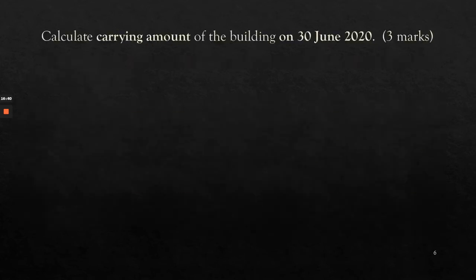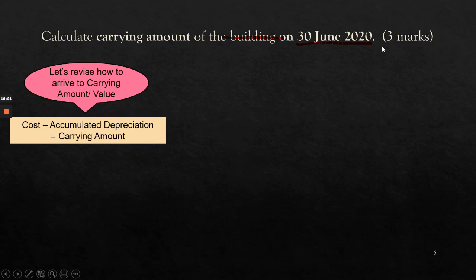Next, you are asked to calculate the carrying amount of the building on 30th of June 2020. Before you calculate the carrying amount, let us revise how we arrive at a carrying amount. If you can recall from the previous lecture or from other videos that you watched, the carrying amount is also known as carrying value.